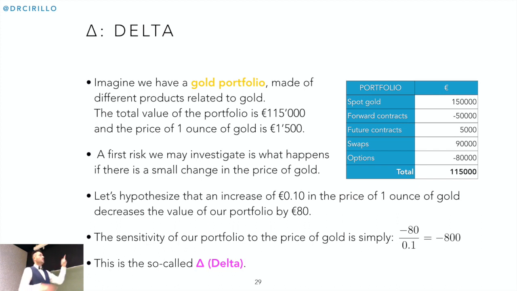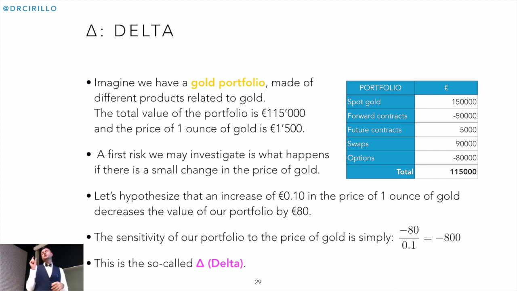Why? Because some of those options can be, for example, short or long positions. So what we know is that if there is a very small increase of 10 cents in the value of 1 ounce of gold, I lose 80 euros from my portfolio.